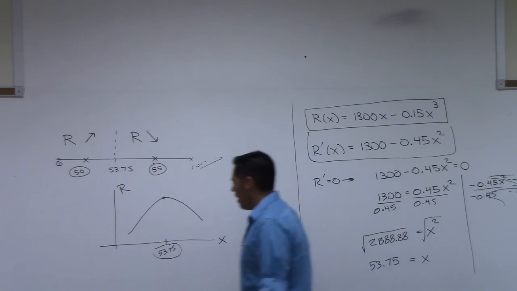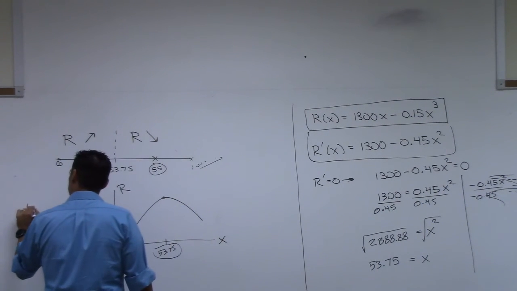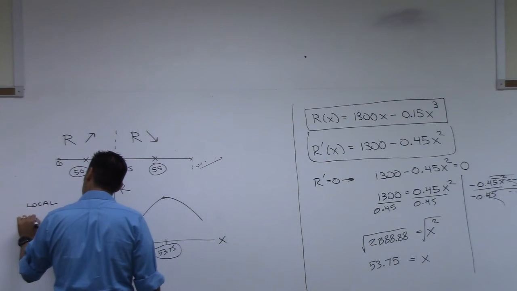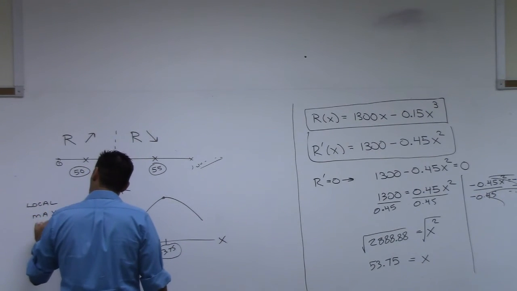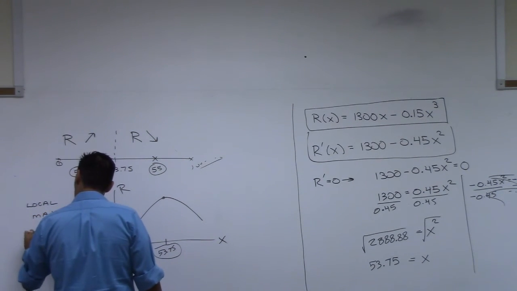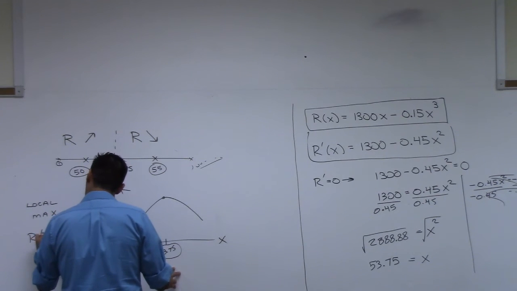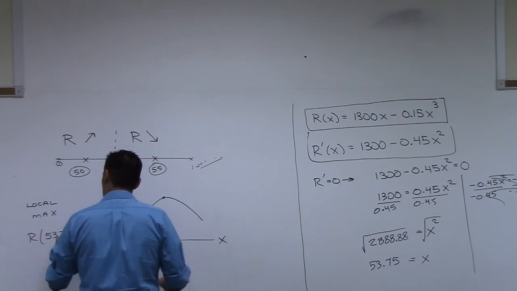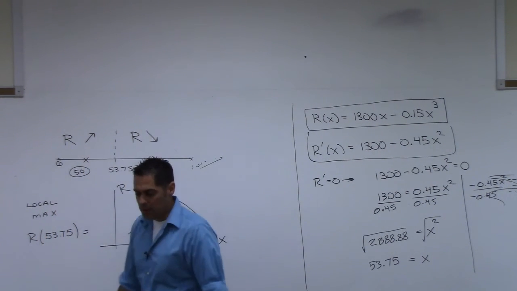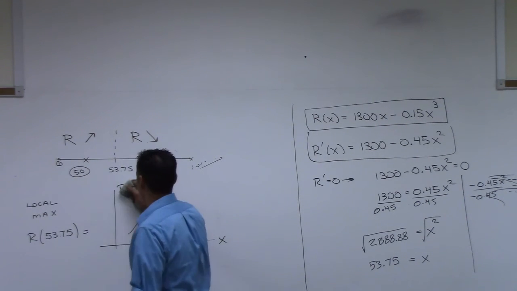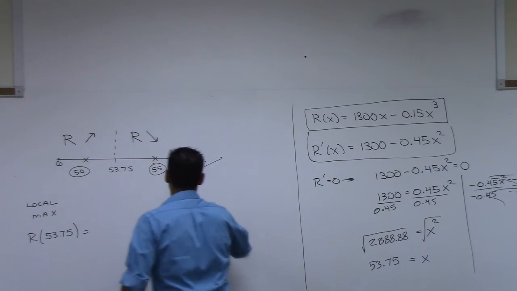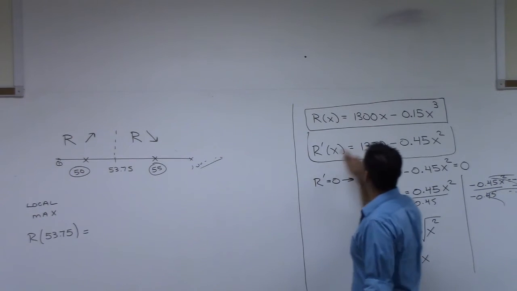All right, so we have a local max, right? Where our revenue function, if we plug in 53.75. Now, we would have to actually plug that into what to figure out the maximum revenue? The first one, right? The local max, we plug it into here.